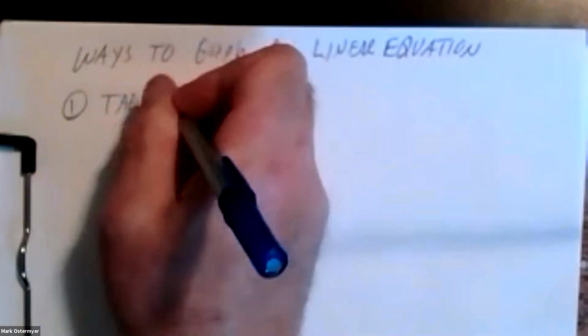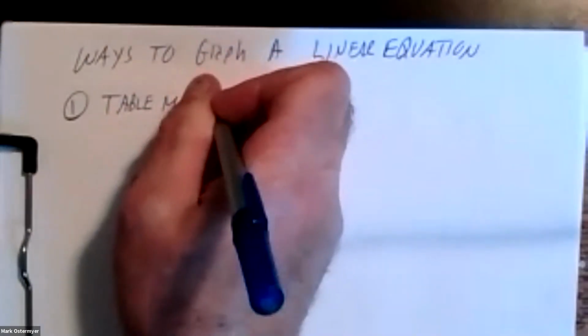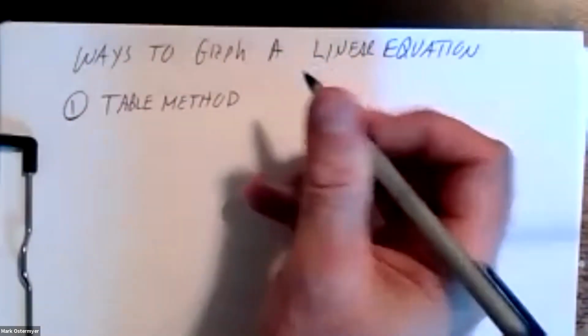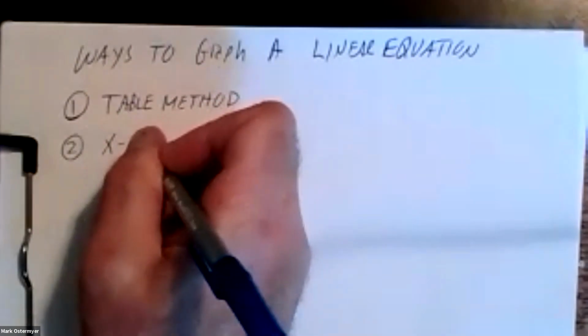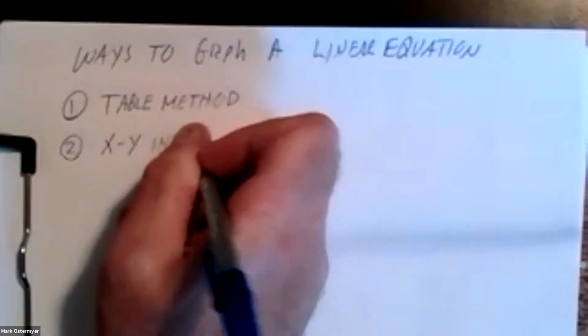So far, we've seen how many different methods for graphing a linear equation? We've seen the table method. That's where we compute ordered pair solutions, plot them, and put a line through them. We've seen the XY intercept method last week.